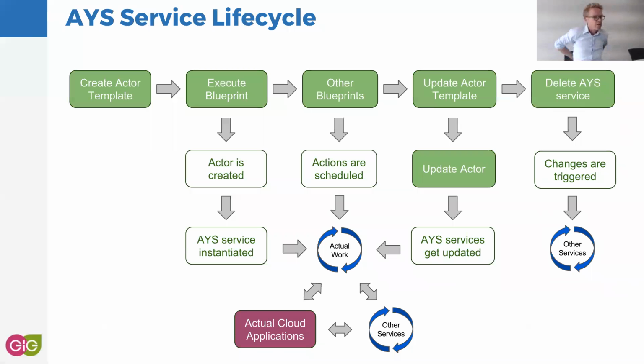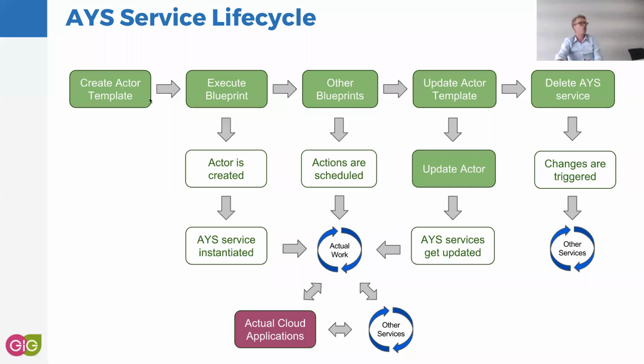Now, this slide is trying to explain a little bit the life cycle of a service. It's a bit strange, because you use a service to monitor the life cycle of an actual workload, for instance, one that is running on a ZeroS cluster. But also the AYS service goes through a life cycle.